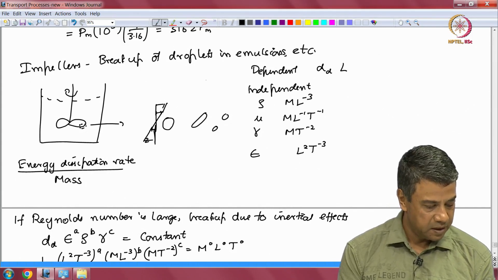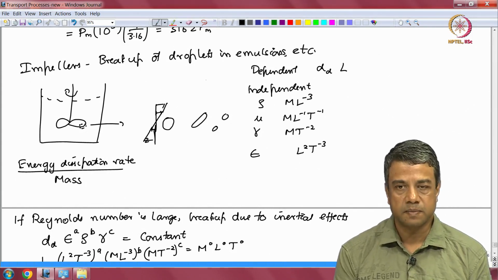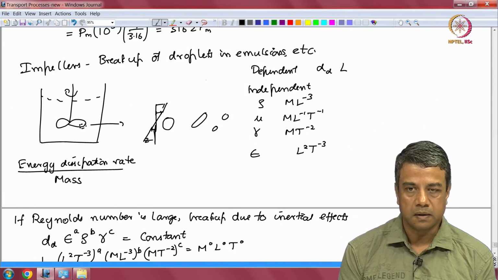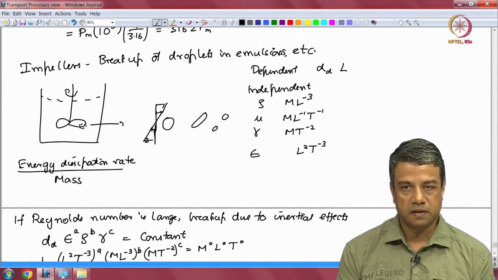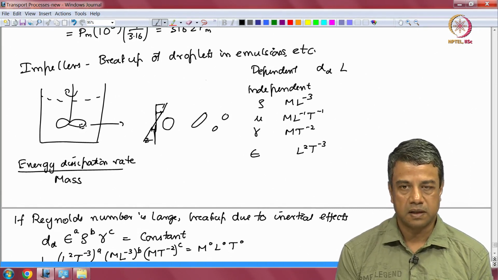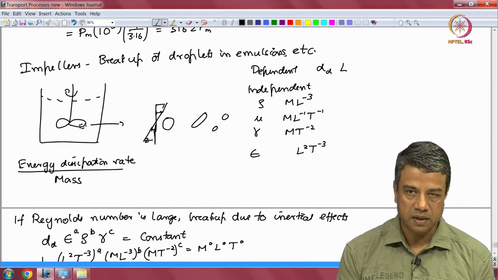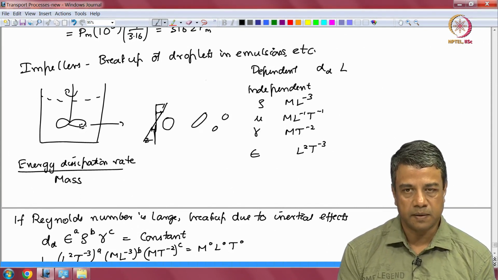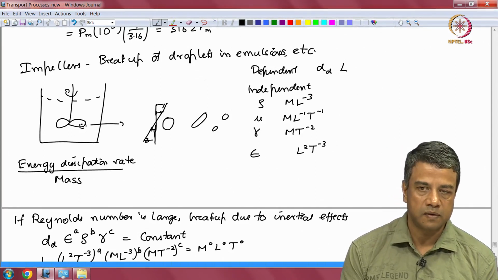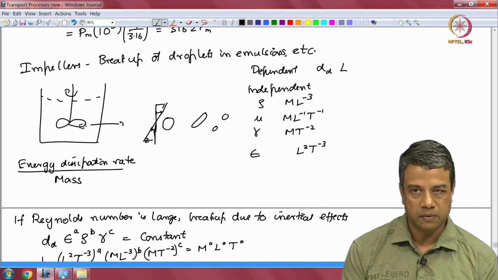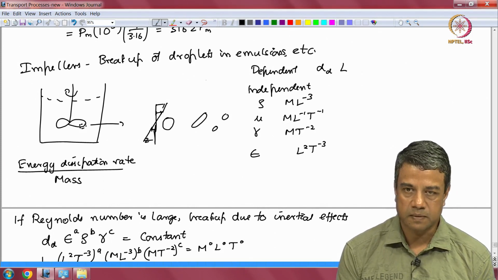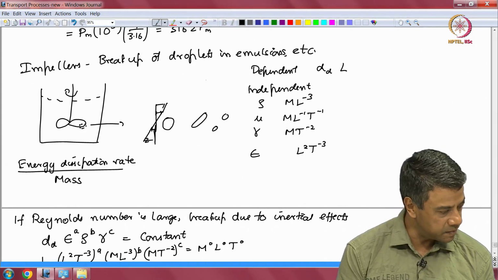Therefore, this energy dissipation rate averages over the spatial variations; it is an average quantity. The droplet diameter is also an average quantity. There will of course be some variation in the droplet diameter depending upon whether the droplet was formed close to the impeller or further away and so on. This correlation gives you the relation between the average droplet diameter and the average energy dissipation rate.